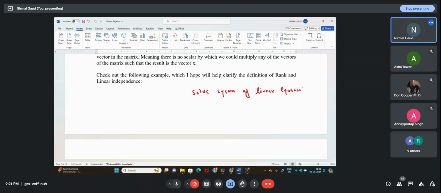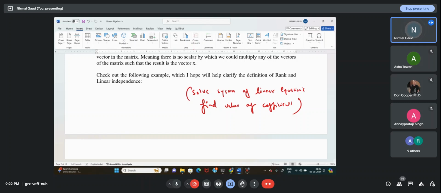And here you have to find the values of coefficients. So you have to solve and find the values of coefficients.